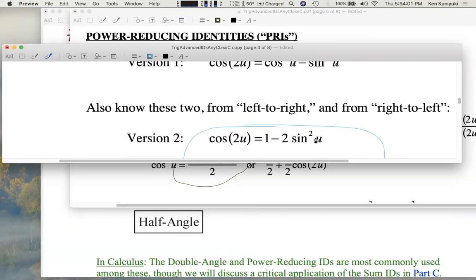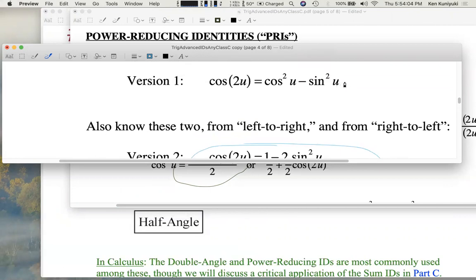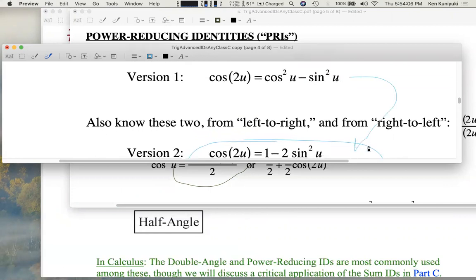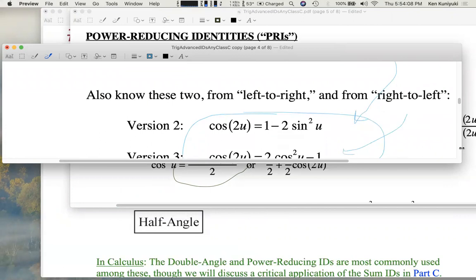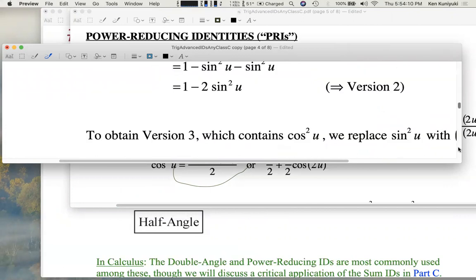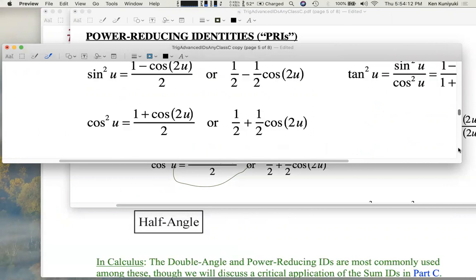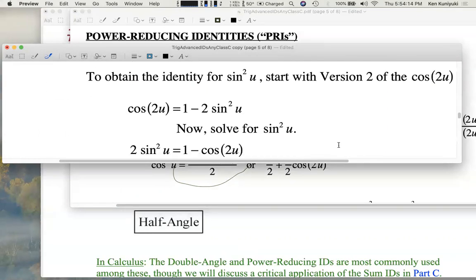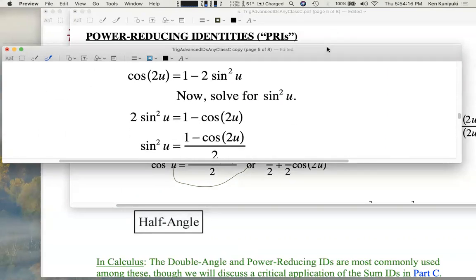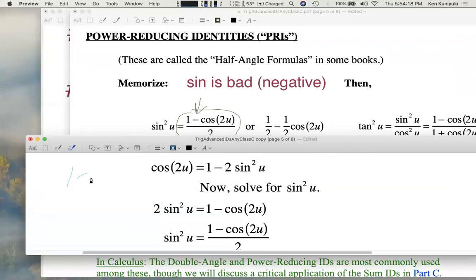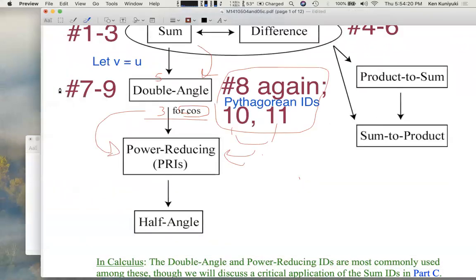Remember, we applied the Pythagorean identity in different ways to get this and to get that. All right, so how do we derive the PRIs? So for example, here is identity number 10. It was one of our specialized double angle identities for cosine.